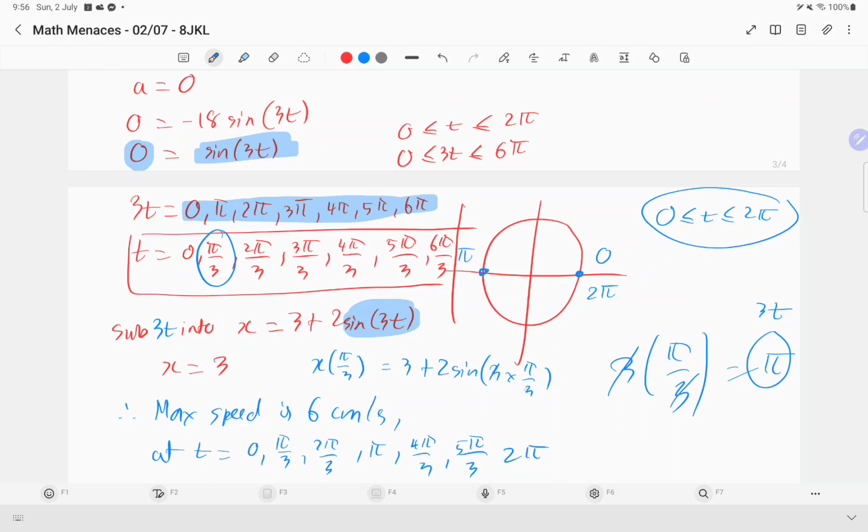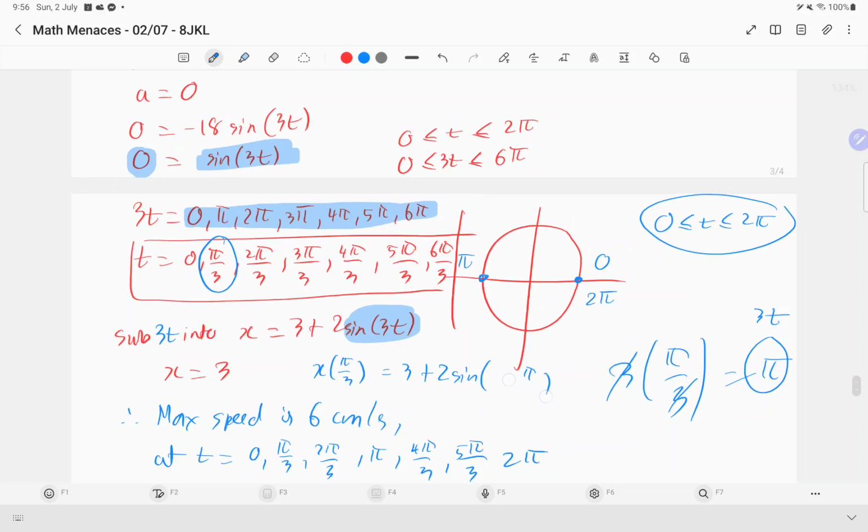These 3s always cancel out, so that will be sine pi, which is 0. And if you substitute the next one, 2 pi on 3, and 3 times that, the 3 cancels out again, and you get sine of 2 pi.